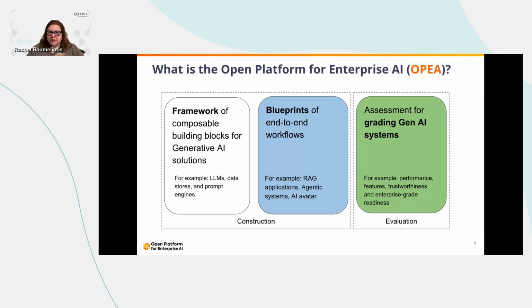So another piece that we're working towards, and I know it's a little bit less mature than the other two pieces that we have, is sort of an assessment or grading system for Gen AI systems. And so you can see here for enterprise, we believe performance, certain features are necessary, trustworthiness, which is where you're seeing security and resilience, and then enterprise readiness. And so this is going to be more about being able to evaluate your own system.